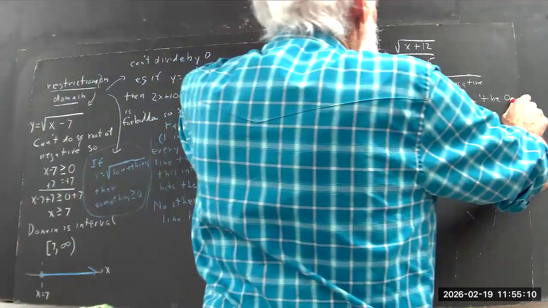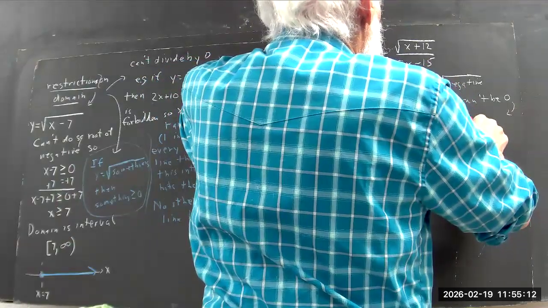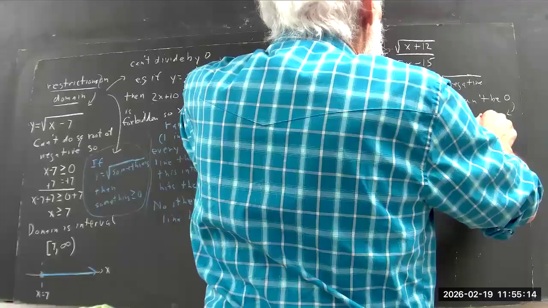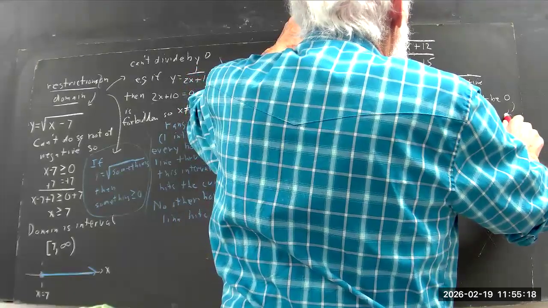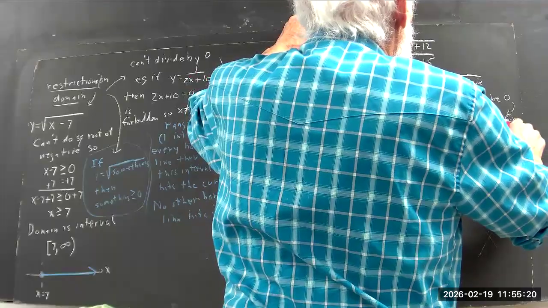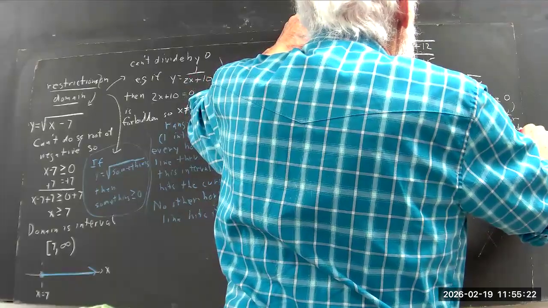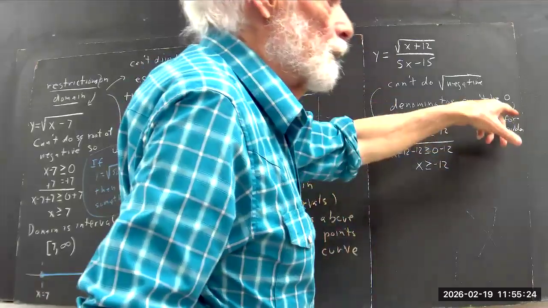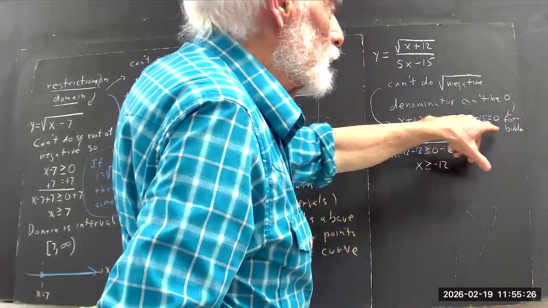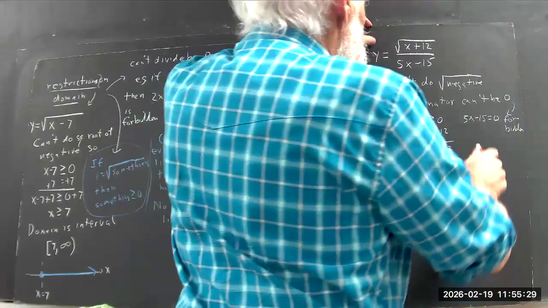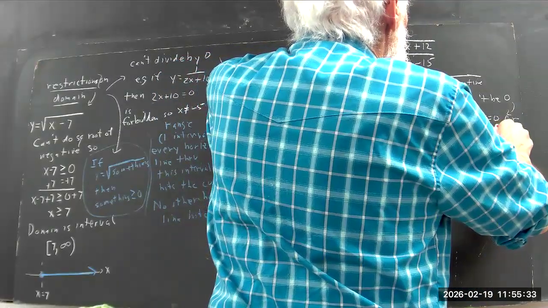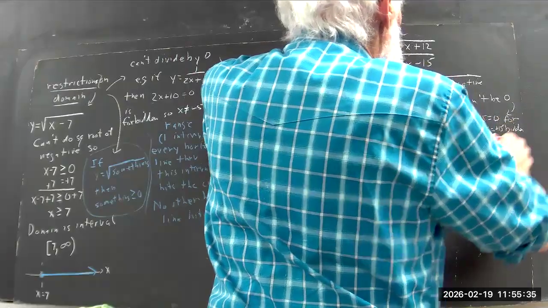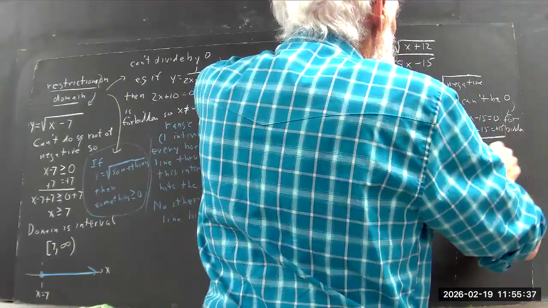Then denominator can't be 0. Now I've written, you can't read the word, but it's forbidden. 5x minus 15 equals 0 is forbidden. We solve this. Plus 15 equals plus 15 on both sides.